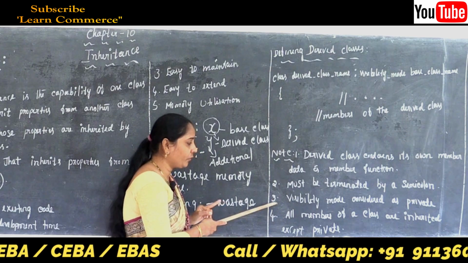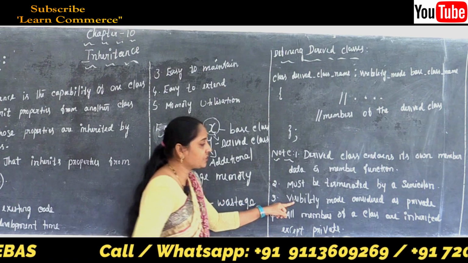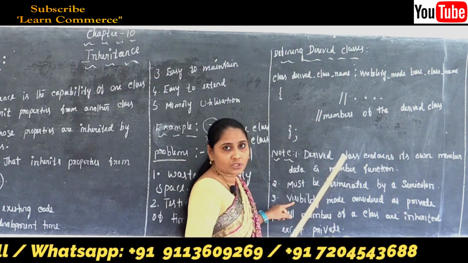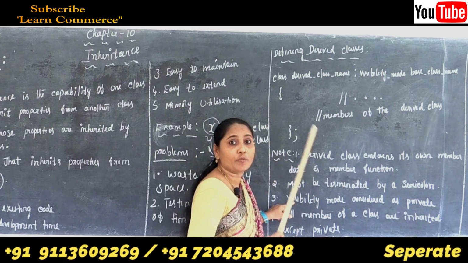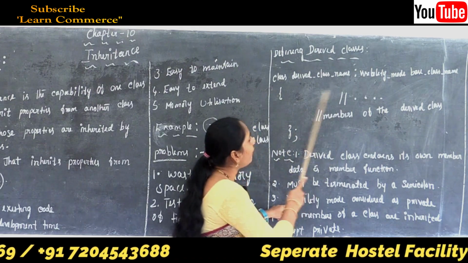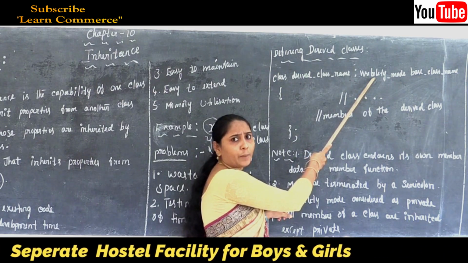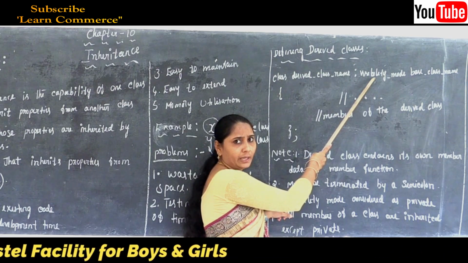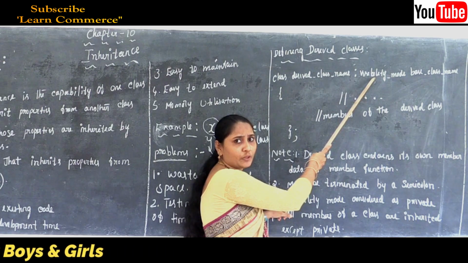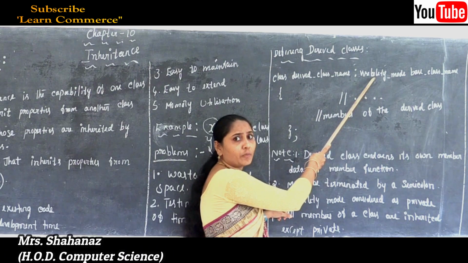And the third point is, if no visibility mode is used, or if no visibility mode is specified. Why? Because I already said the visibility modes are public, private, protected. That means from which side you want to access the features of the base class, whether from the public side, the private side or the protected side.